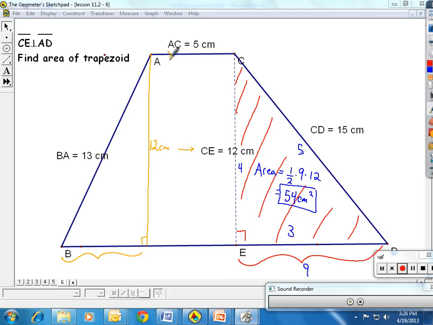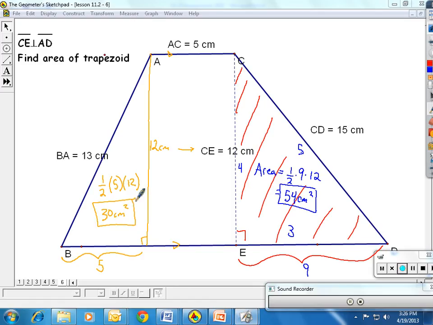Well, because it's a trapezoid, so these are parallel. All right, so 12, 13. Is it a 5, 12, 13? 5, 12, 13. So if that is 5, now I can find my area. 1/2 base times height, which is 30 centimeters squared.